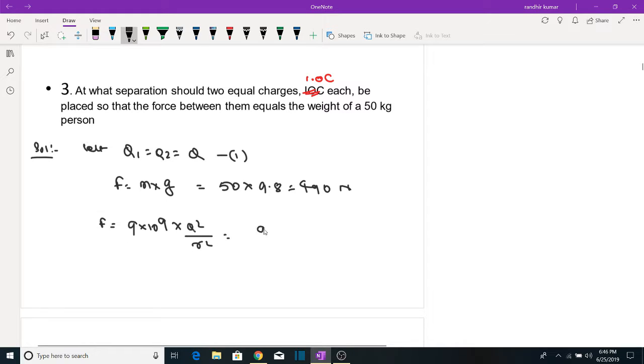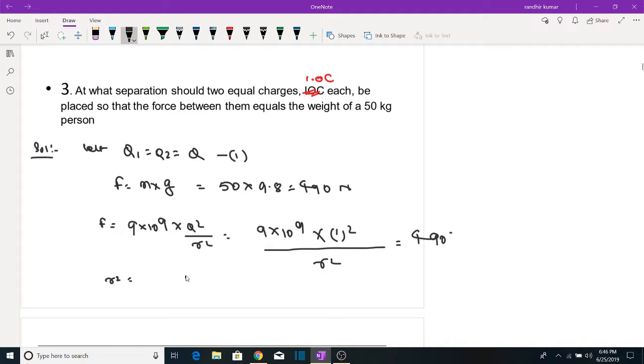So 9 into 10 to power 9 into 1 square upon the distance R square is equal to 490.